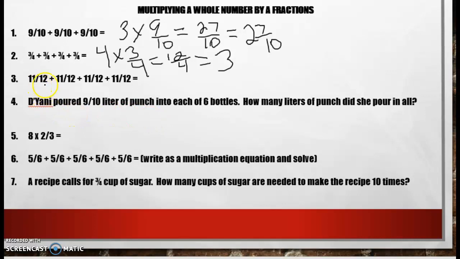All right, so go ahead on number 3. I want you to write the repeated addition, write it as a multiplication equation.